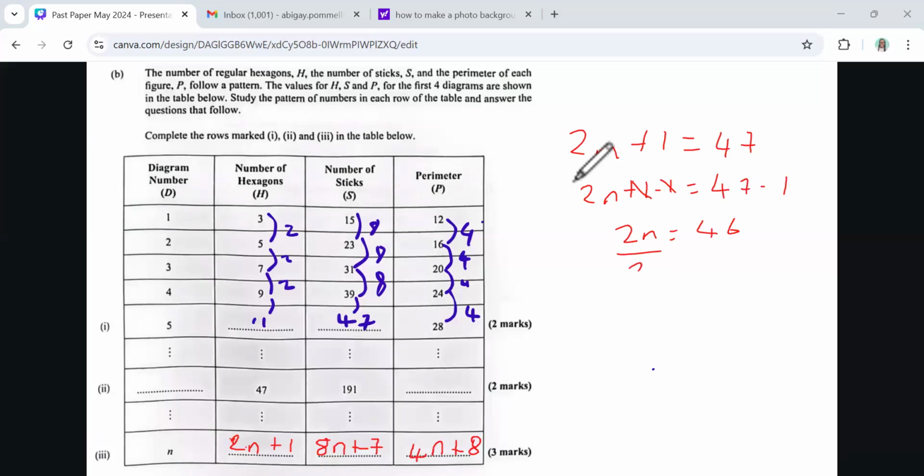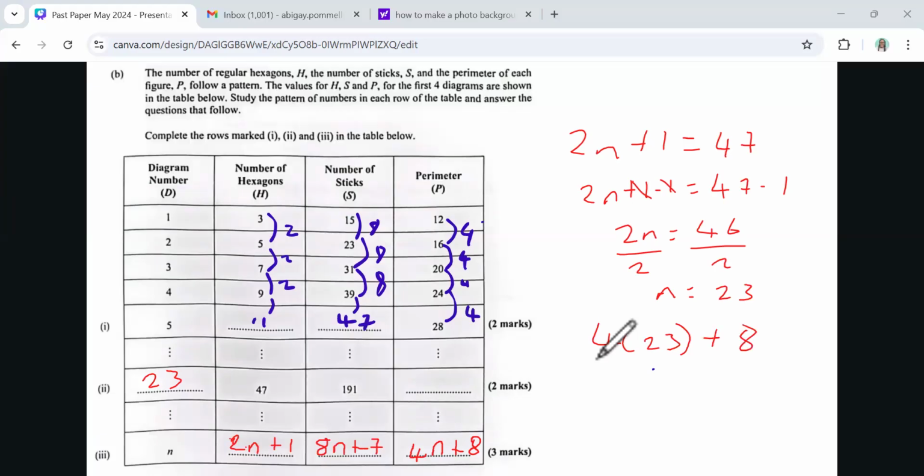And then I divide, N is going to equal 23. So over here will be 23. Since we know that now, I can use the 23 for this pattern right here. So I can say 4 times 23 plus 8.